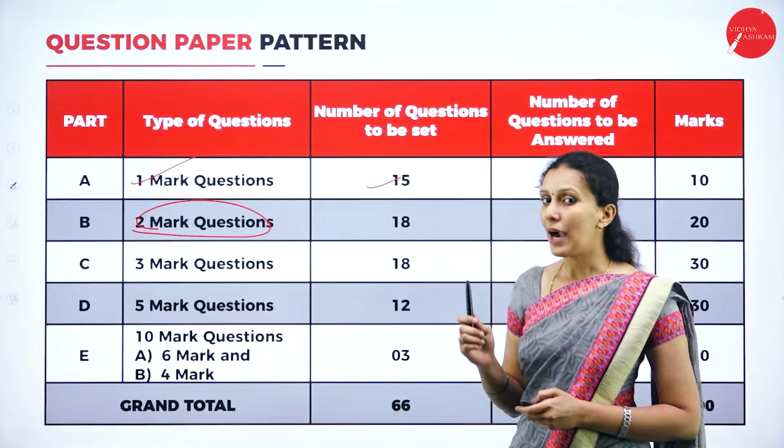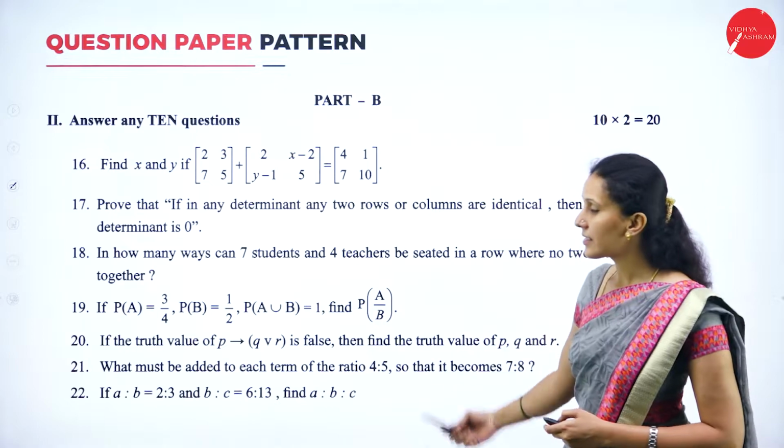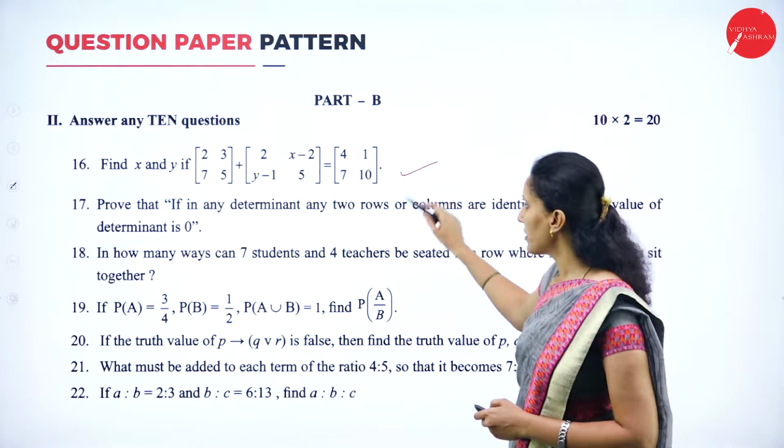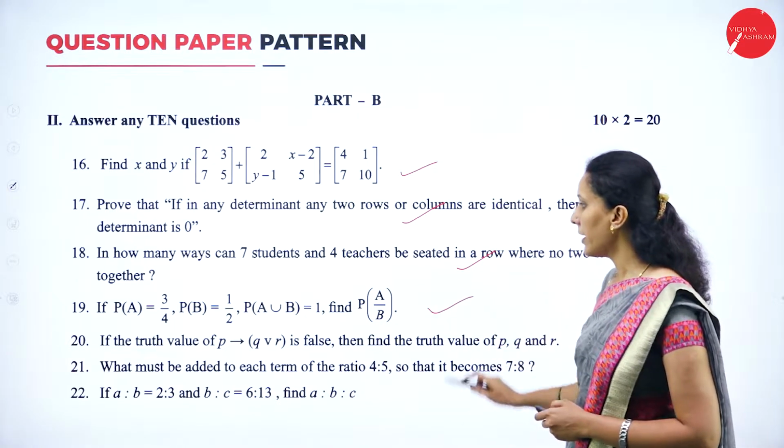So let's see the part B questions which they have asked. These are the questions asked in the model question paper. From the chapters matrices, determinants, permutations and combination, probability.